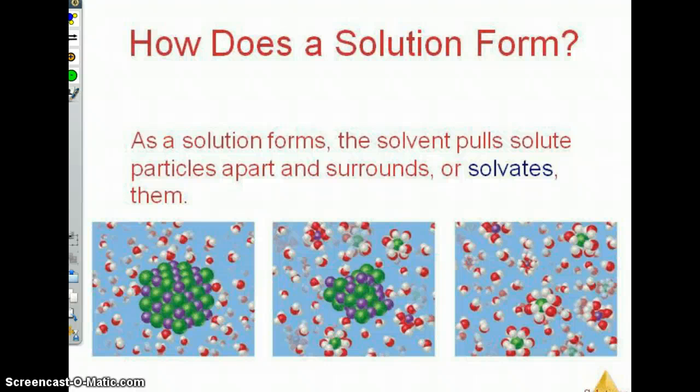And the word we use for that is it solvates them, okay? So here you have the sodium chloride in the water. Here you have the water starting to solvate the sodium and the chloride ions, okay, until we completely dissolve the solution.